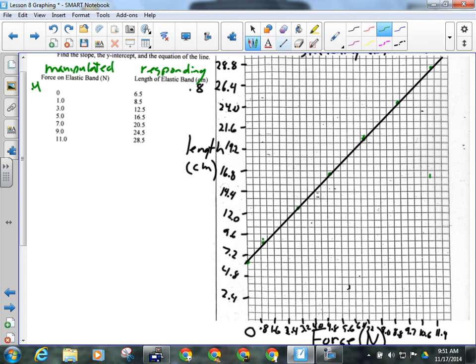And then I'll find my grid intersections. One right there looks pretty good, and one right there looks pretty good. Okay, so I'm going to do this one two ways. I'm going to use y equals mx plus b, and I'm going to use rise over run, to see if we get the same answer.